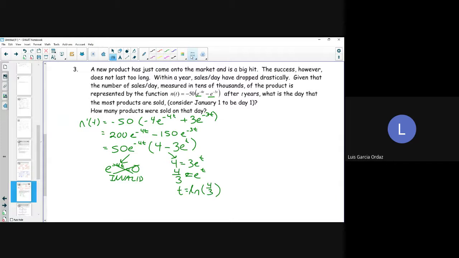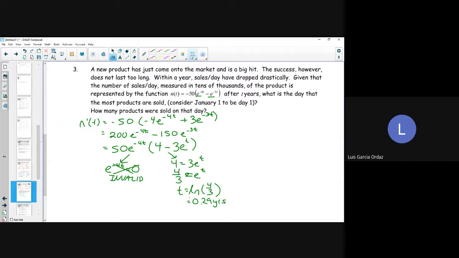So now ln of 4 over 3 is roughly around 0.29 years. Okay. So you can evaluate ln of 4 over 3 by just using your calculator and the ln button.